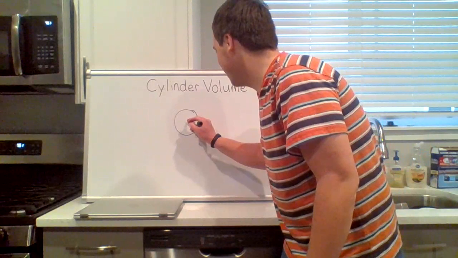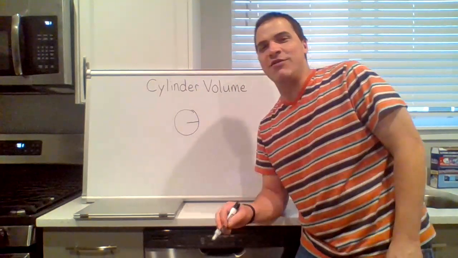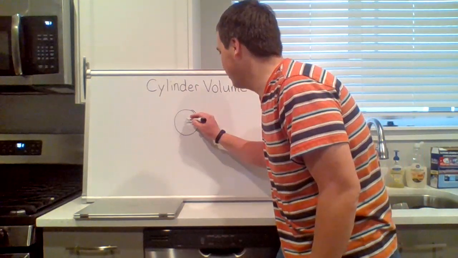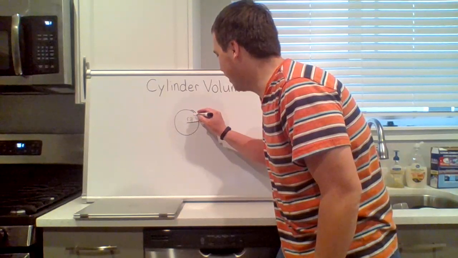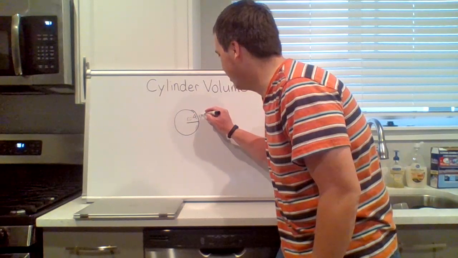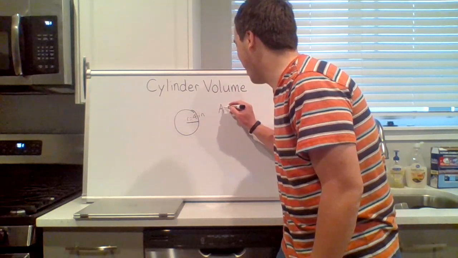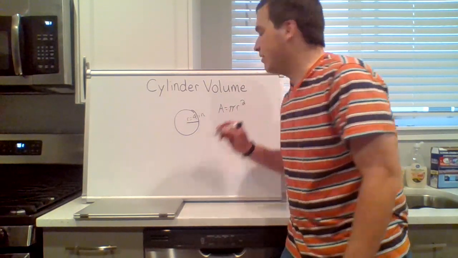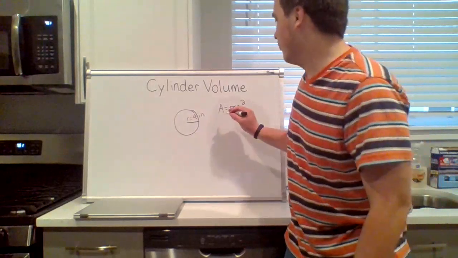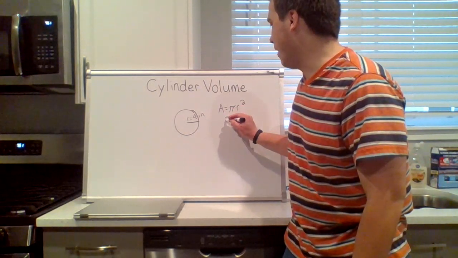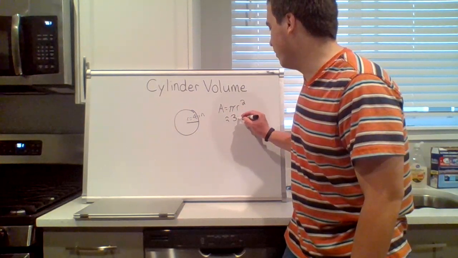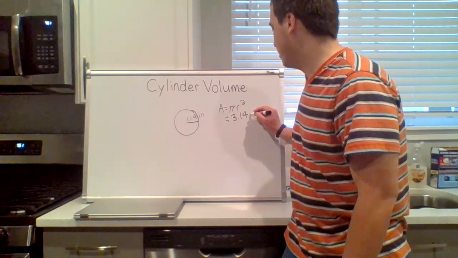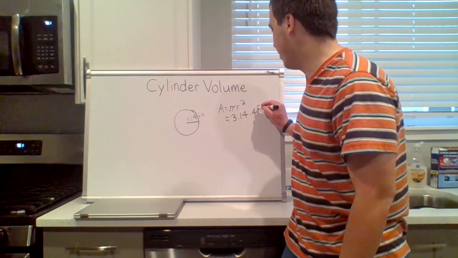Fair point. The area of a circle comes from, if you have a radius of say 4 inches, the area is pi r squared. To find the area of the circle, for simplicity's sake, we're going to round pi to 3.14 times the radius here, squared.